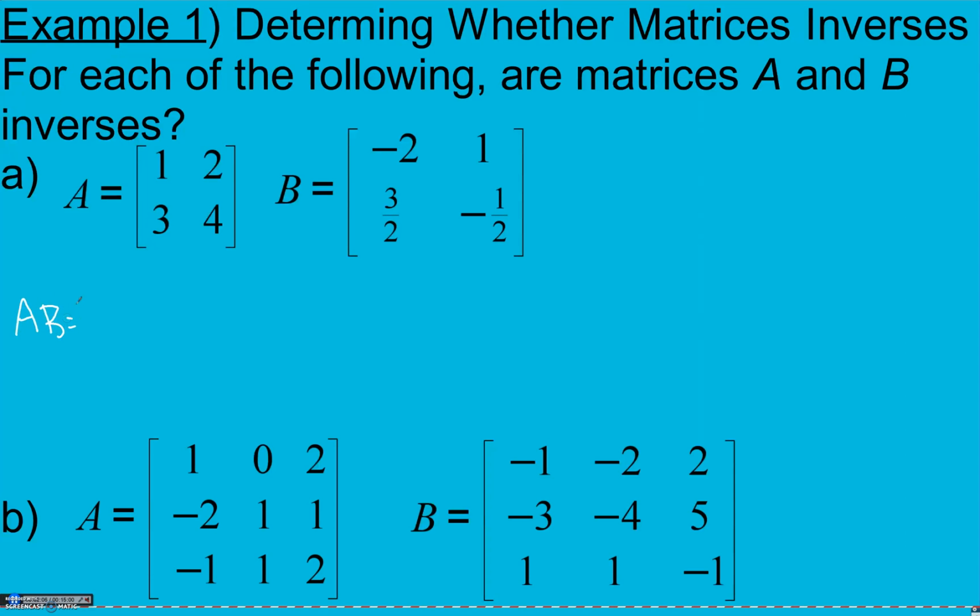So, A times B. 1 times negative 2, plus 2 times 3/2. 1 times 1 plus 2 times negative 1/2. 3 times negative 2 plus 4 times 3/2.